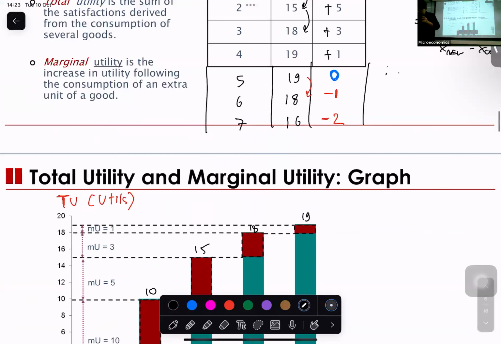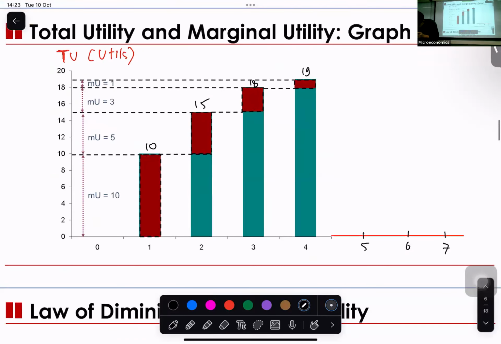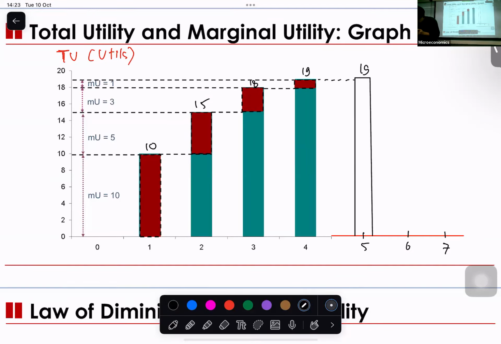And if he drinks 5, oh, TU is still 19. Same as when he drank 4 units. If he drinks 6, TU reduces to 18.